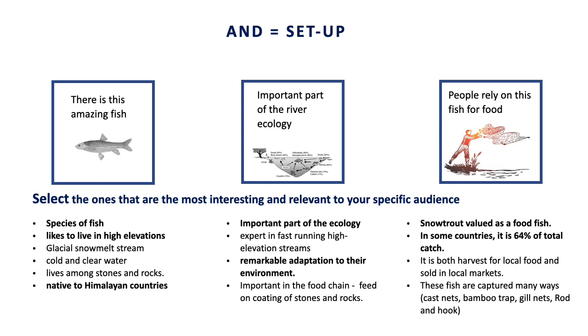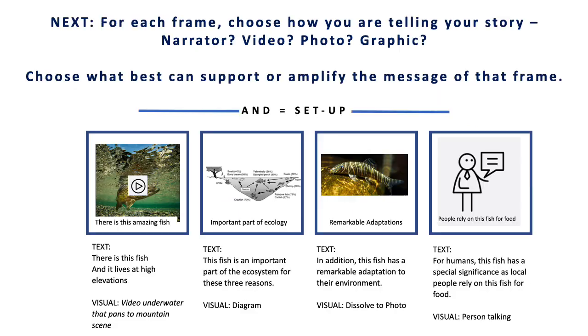Right? So now I have a layout of the text. I have a general idea of what's going to be said for my setup. And then I build that, right? I have my text. Now I need to decide what visual is going to really help me amplify my message.